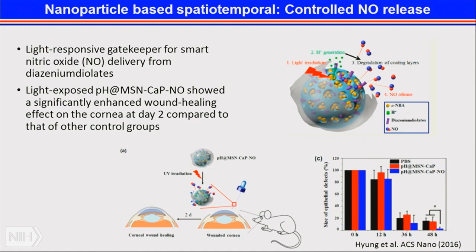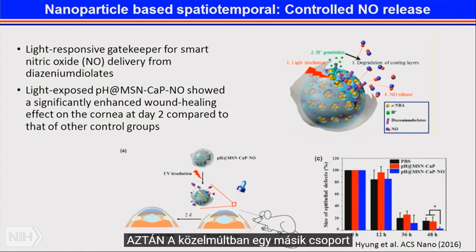Then recently, another group synthesized this molecule. So this is a macromolecule where the diazeniumdiolate is loaded within a calcium phosphate coated surface, and the surface is coated by a hydrogen generator.